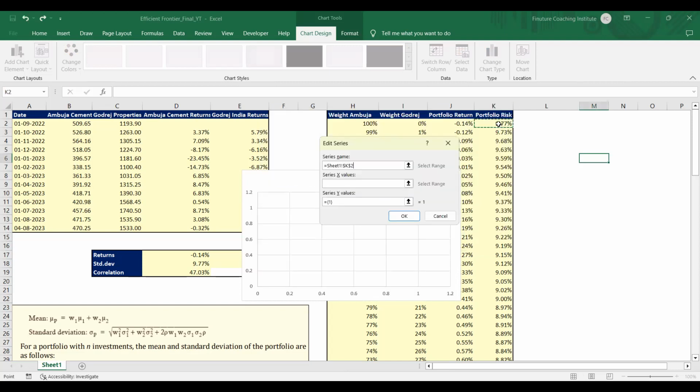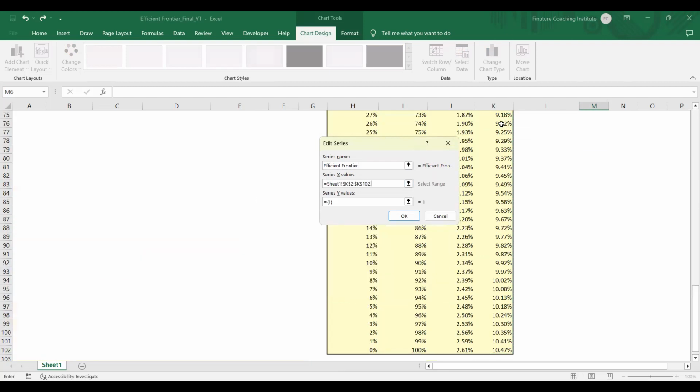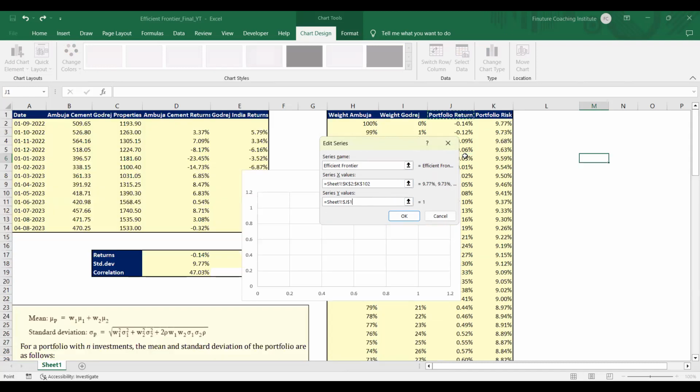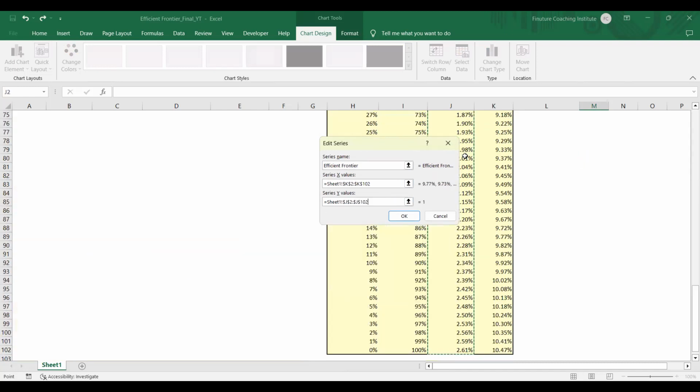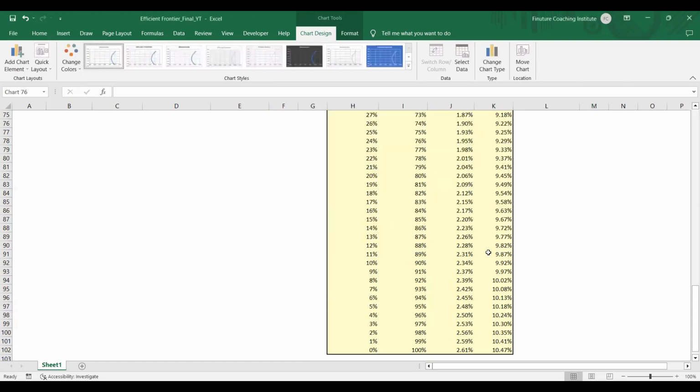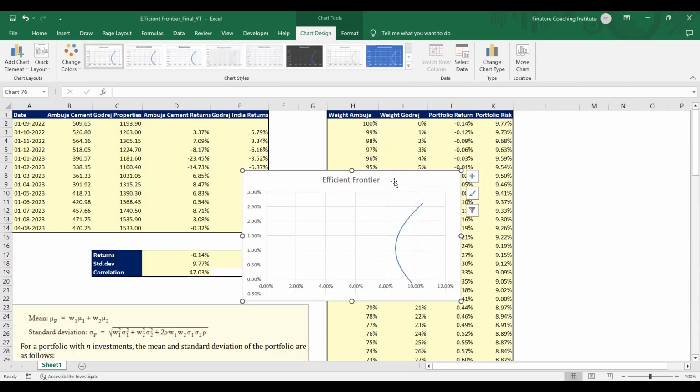So let's put risk on the x-axis. Again, it's asking for a name. Now let's put risk on the x-axis and returns on the y-axis. So let's plot. Let's see if we have got something. Yeah, looks better.